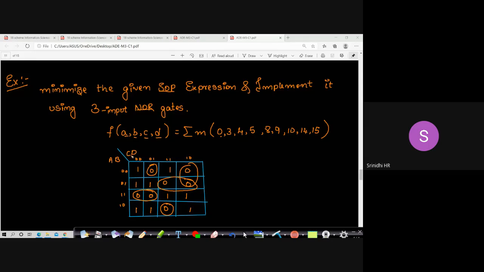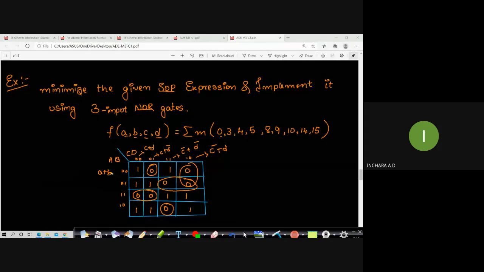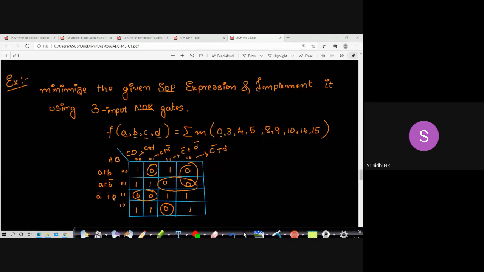I'm grouping these as zeros, so here I'll have C plus D, here C plus D bar, here C bar plus D bar, and here C bar plus D. Am I correct? Yes, sir. This is A plus B, this is A plus B bar, this is A bar plus B bar, and this is A bar plus B.